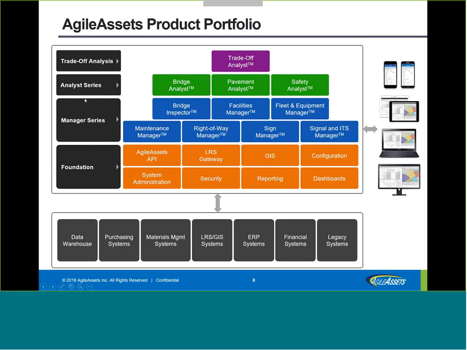And on top of that, we have the analyst series. The idea of the analyst series is that it uses the data from inventory and from the different performance measures and can generate a work plan. And we have these analysts for the bridge, for the pavement, and for the safety analysis that we're talking about today. Finally, we have the trade-off analysis tool.